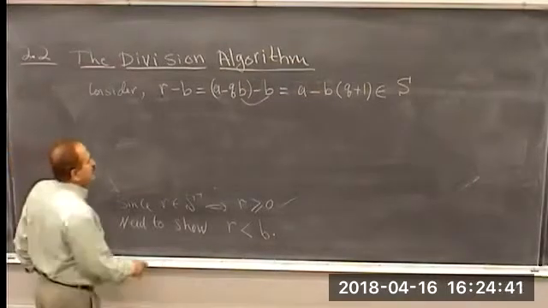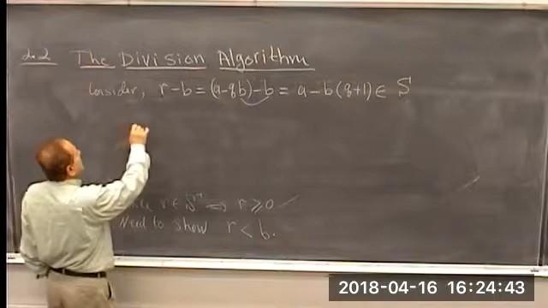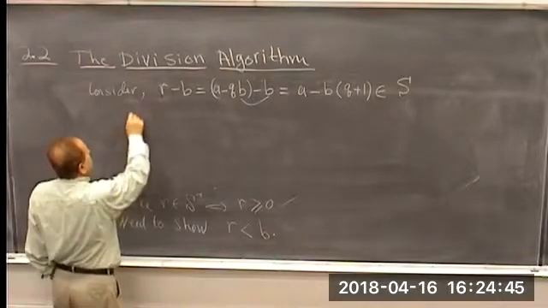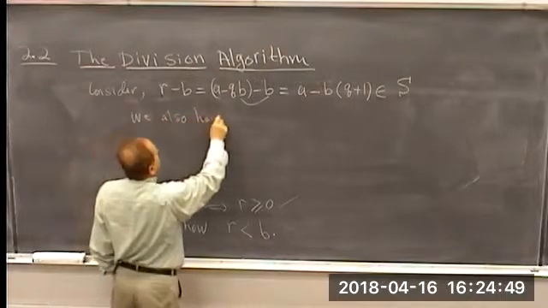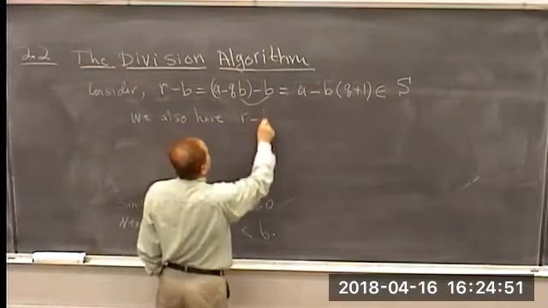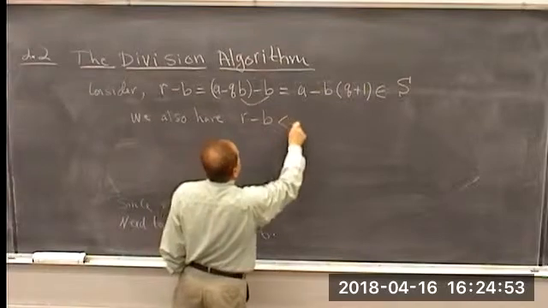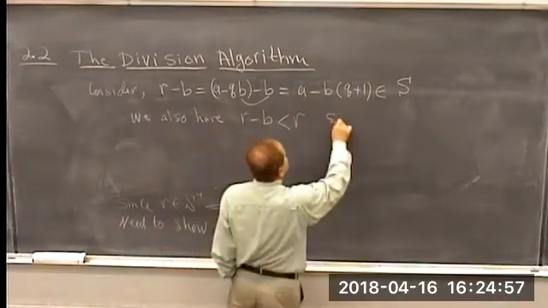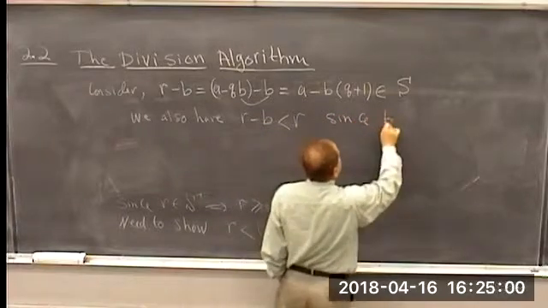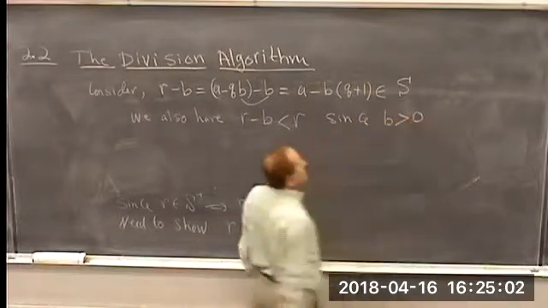And one other thing, we also have R minus B is smaller than R. Why is this? Because B is positive, so bigger than 0.